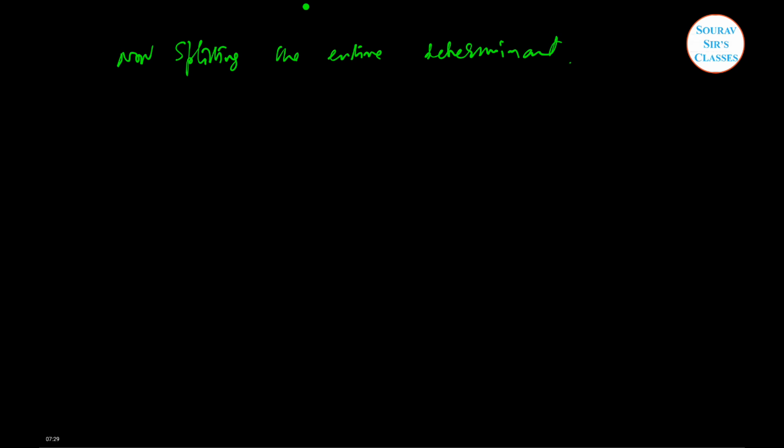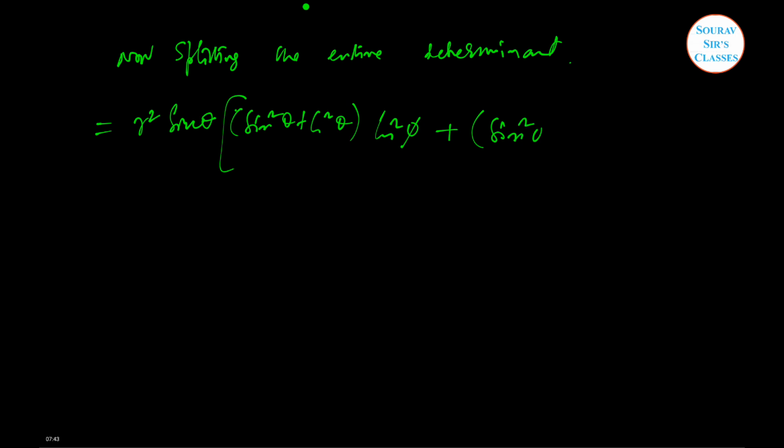If you just split it, you will finally get a value like this: r square sine theta, sine square theta plus cos square theta cos square phi plus sine square theta plus cos square theta sine square phi. So this is 1, this is 1, but ultimately this is r square sine theta.